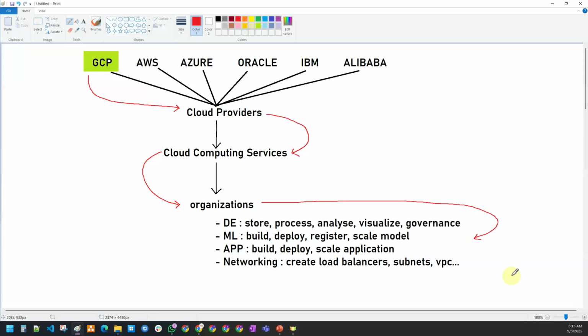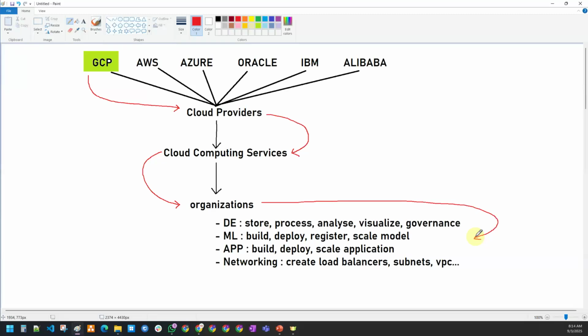Instead of saying storing, processing, and all of those things, we say cloud computing services, right? Google Cloud Platform is a cloud provider which provides cloud computing services, and these services are very useful for organizations to store, process, analyze, and visualize the data. In simple words, cloud computing services are offered to organizations to fulfill their projects.